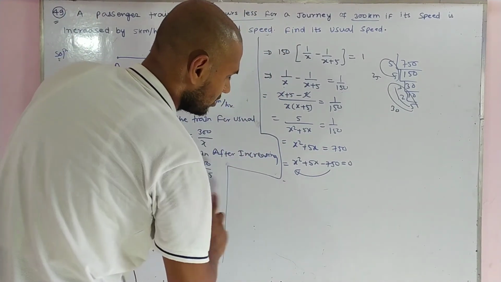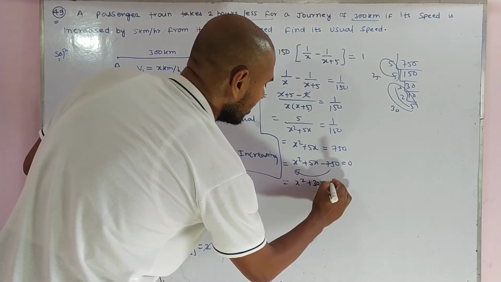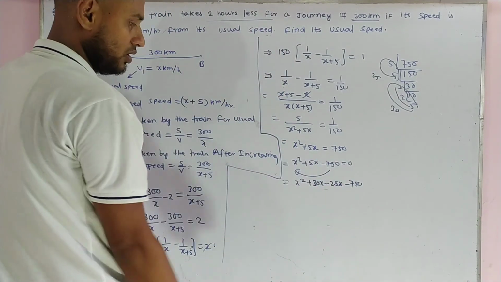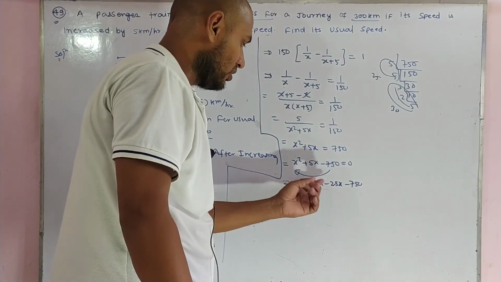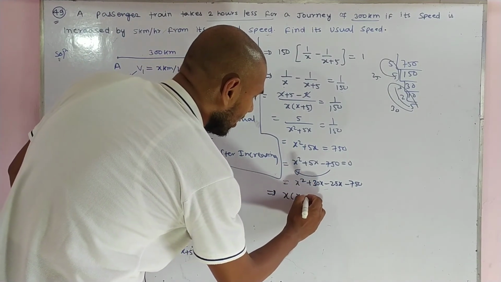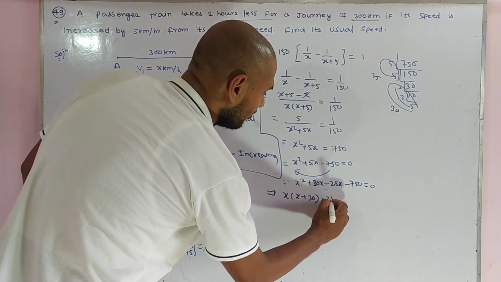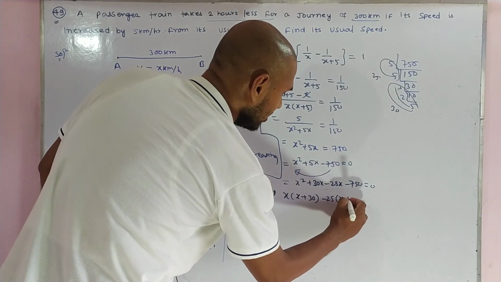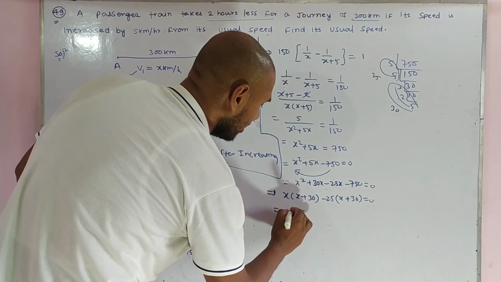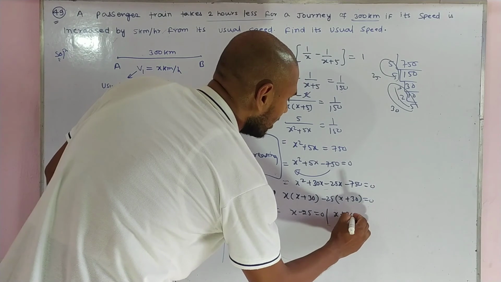Let us see here. You have to arrange it in such a way that x square plus 30x minus 25x minus 750, so that after subtraction you get 5x. Taking x as common, x plus 30, and taking 25 as common, x plus 30 is also remaining, and x minus 25 equals 0 and x plus 30 equals 0.